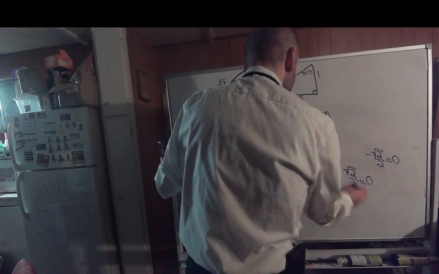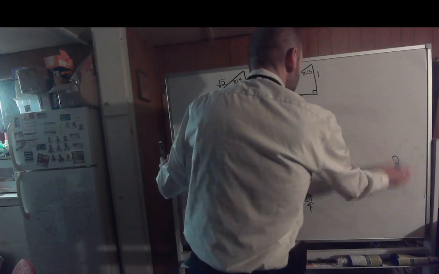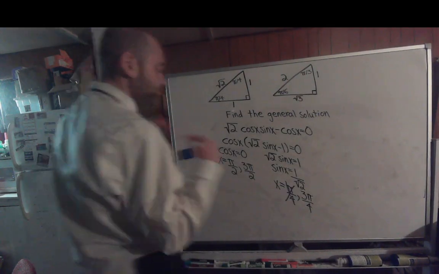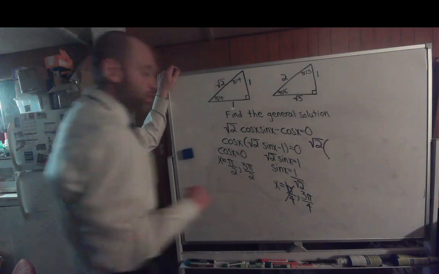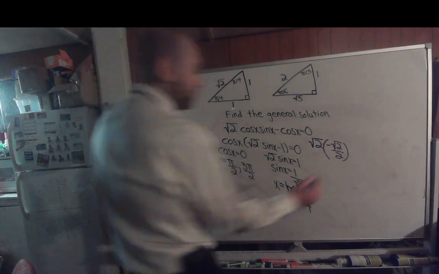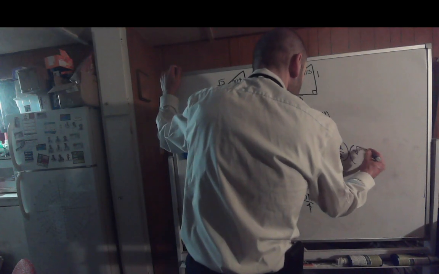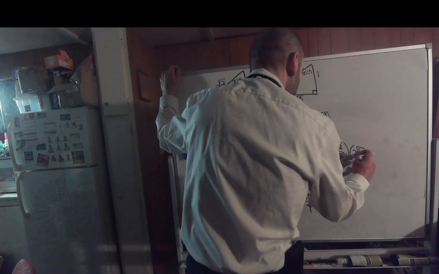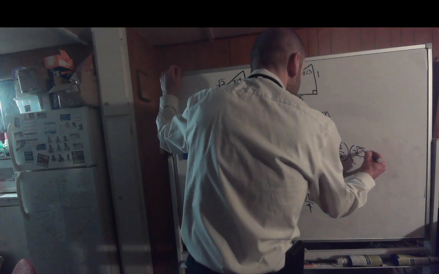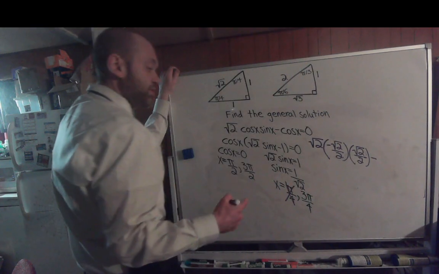Now let's deal with 3 pi over 4. We have to figure that out. So we'll take the square root of 2 times what's the cosine of 3 pi over 4? That's negative of the square root of 2 over 2 times the sine of 3 pi over 4. That's positive of the square root of 2 over 2, excuse me, then minus the cosine of 3 pi over 4.